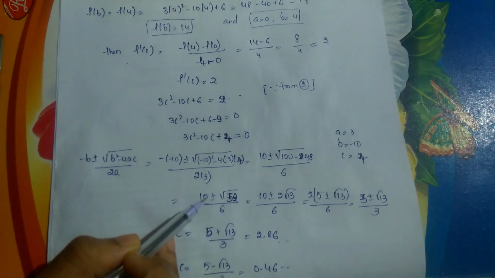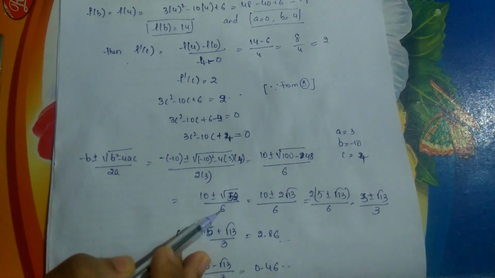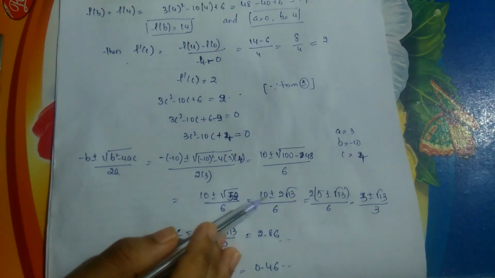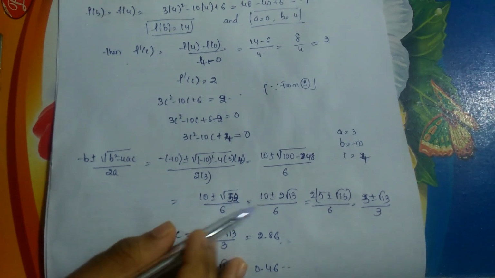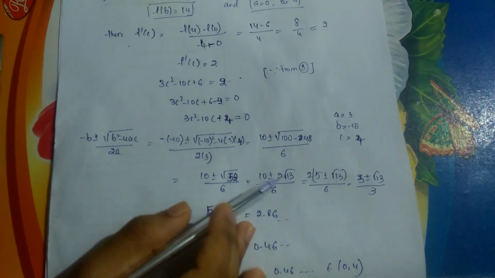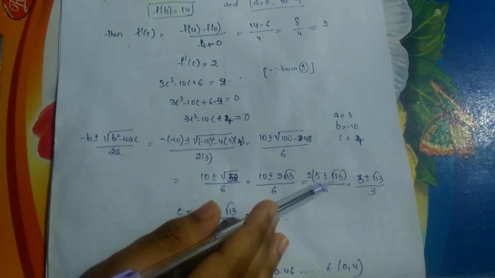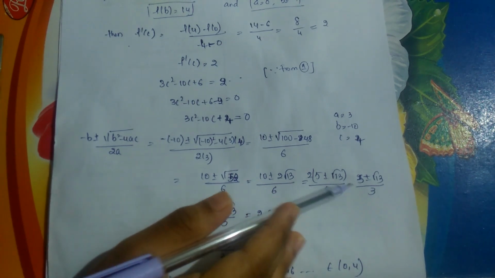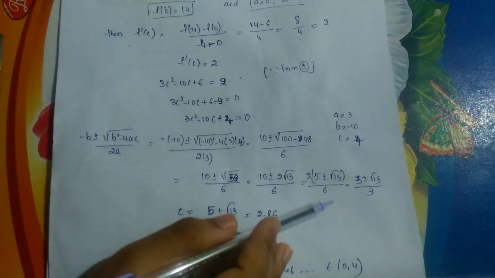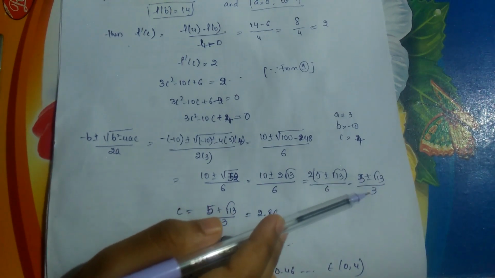That is 10 plus or minus root 52, which can also be written as 2 root 13, by 6. Taking 2 common from the numerator, we get 2 of 5 plus or minus root 13 by 6, and 2 3s are 6, leaving 3 in the denominator. So 5 plus or minus root 13 by 3.